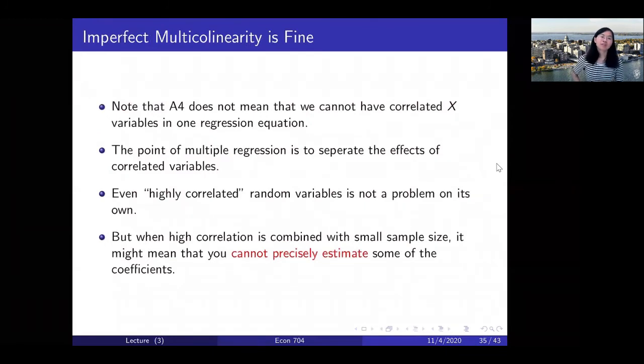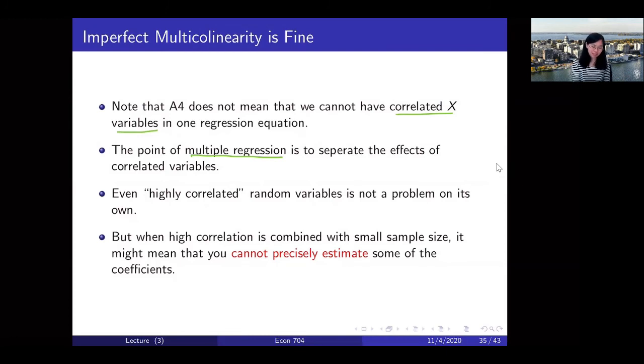Now, we say that perfect multicollinearity causes a serious problem, but that doesn't mean that we cannot have correlated x variables in a regression equation. The x variables can be correlated. The point of multiple regression is to include correlated x variables, okay? So that we can separate the effect of different but correlated random variables. So we can allow correlation.